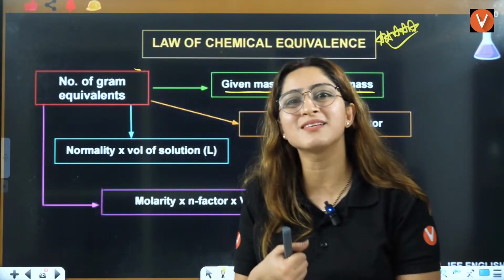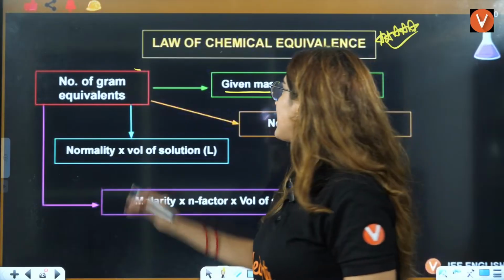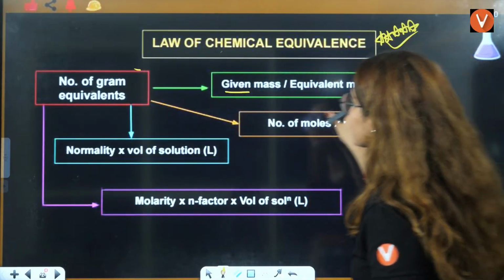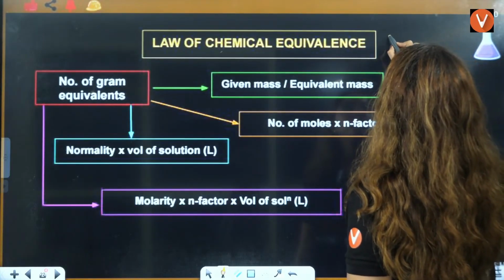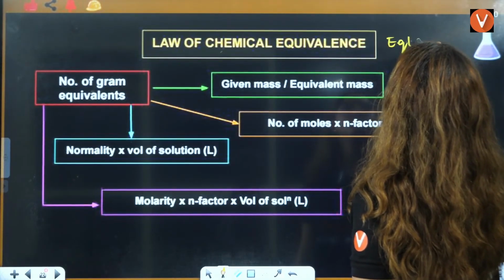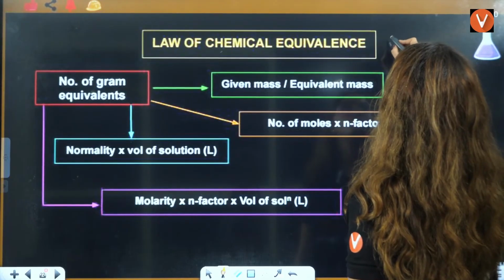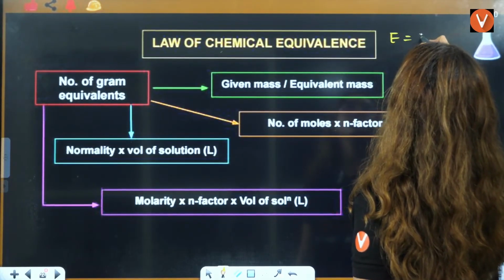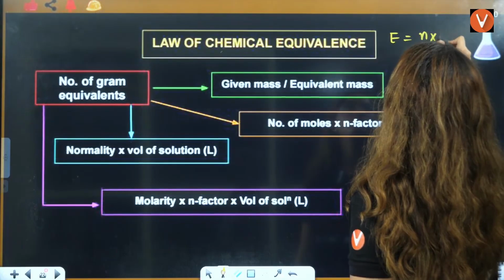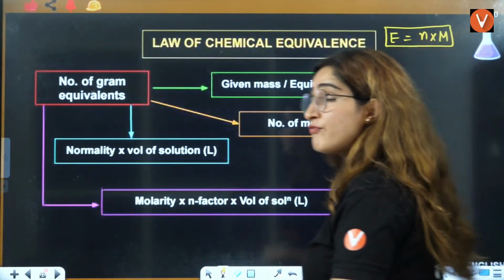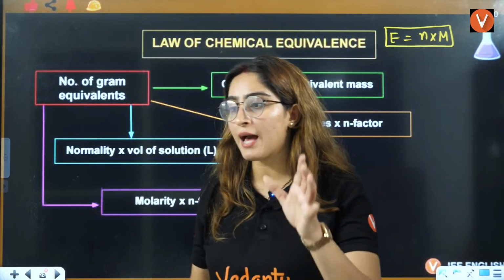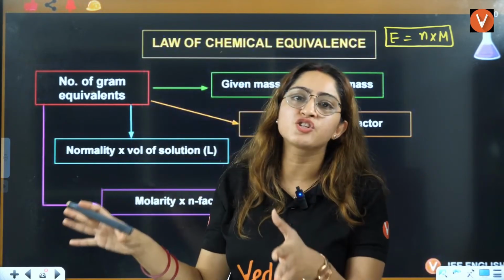But ma'am, what is this equivalent mass? Equivalent mass, which you can also write as E, is nothing but n factor into molar mass. Now, what is this n factor? Don't worry, I am coming up with a special lecture on n factor.